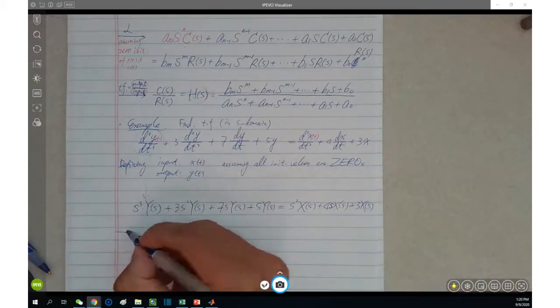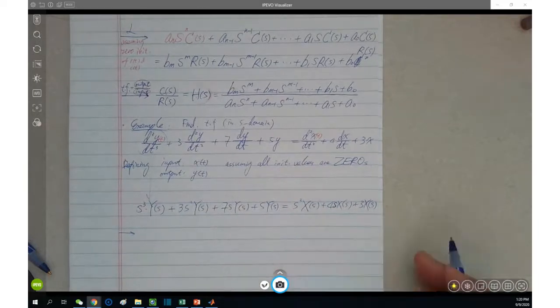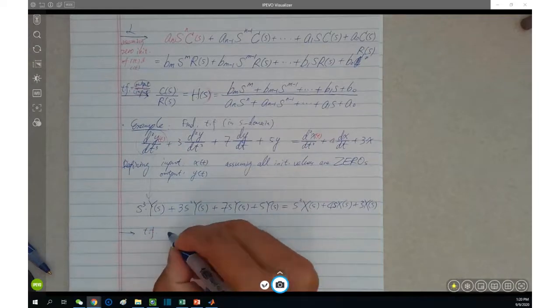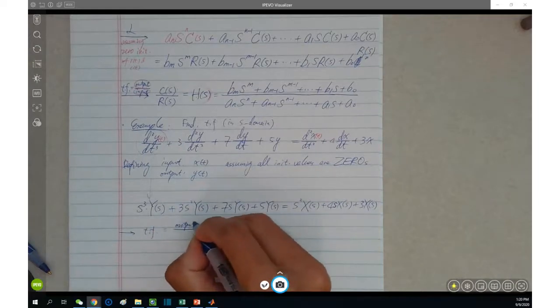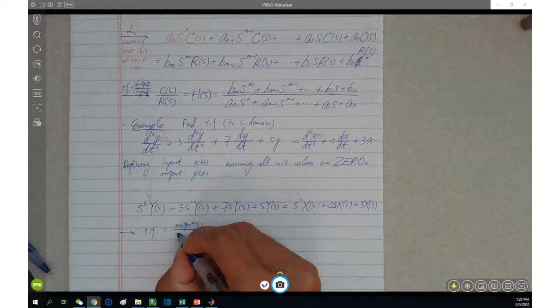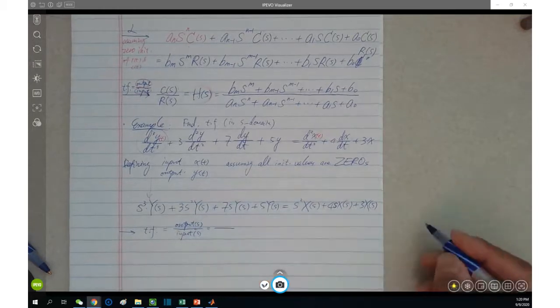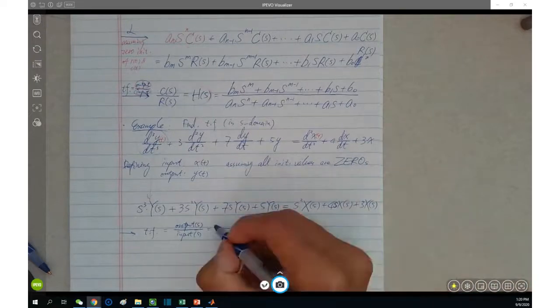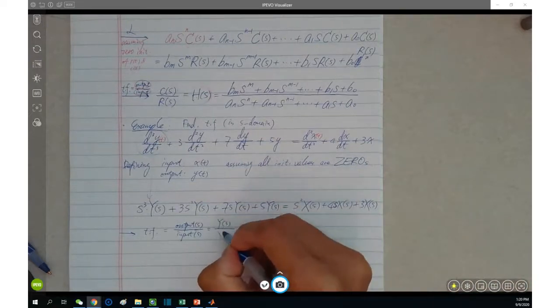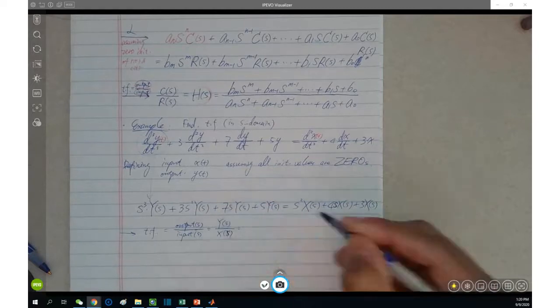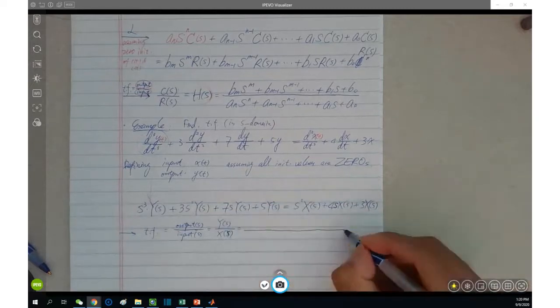And then the transfer function. Once again, be very careful who is the input, who is the output, because the transfer function equals output of S over input of S. So identify them respectively as capital Y of S and X of S, right? And then what matters is just organizing.